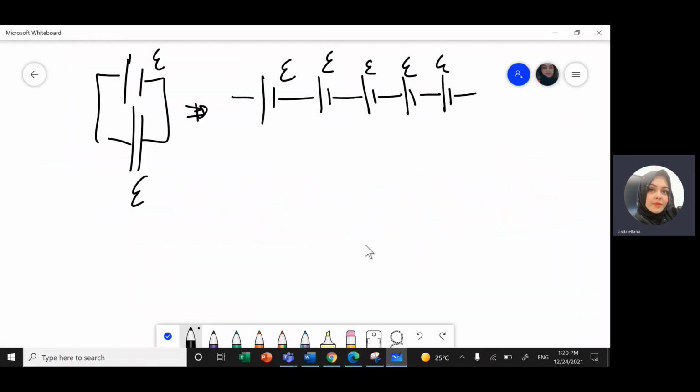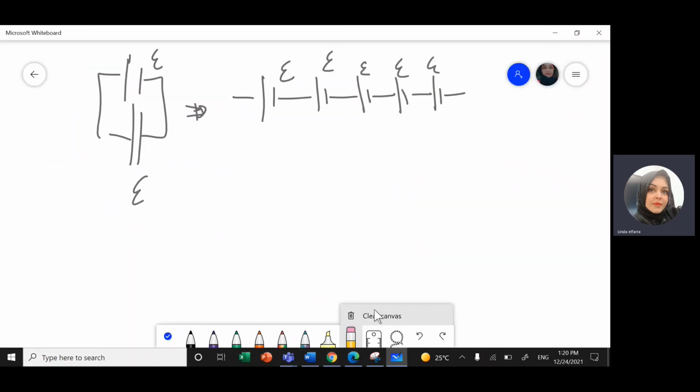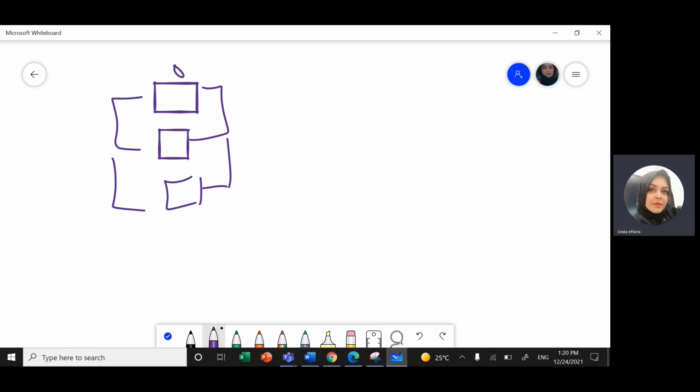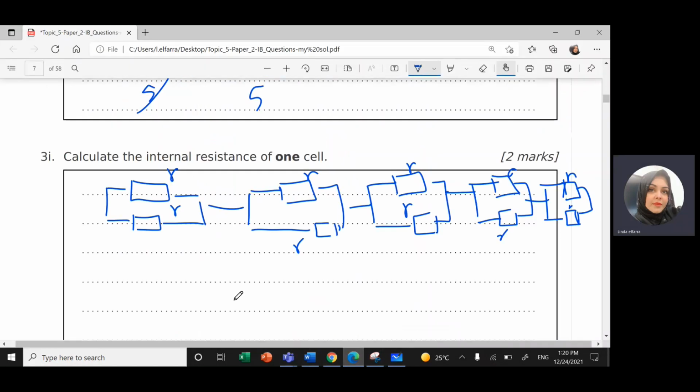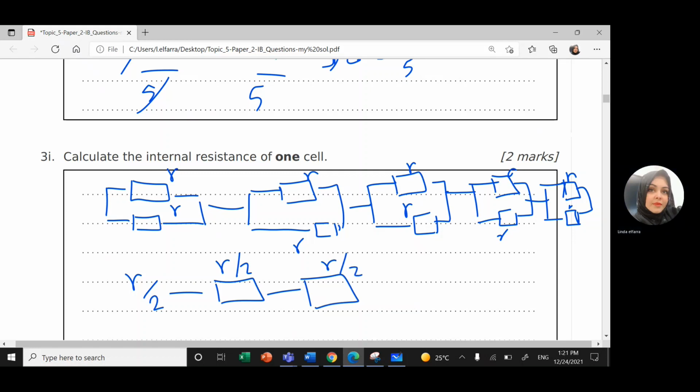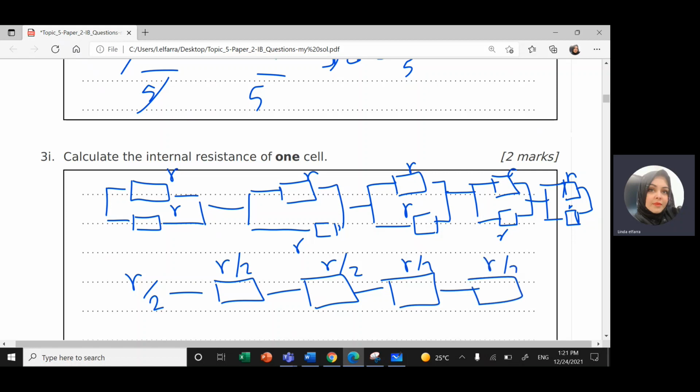Always when you have resistances connected in parallel and all of them are equal and you need to find the equivalent resistance, one of them is divided by their number. So here it will be r divided by 2, and here I have the same thing, r divided by 2. 5 times r divided by 2.